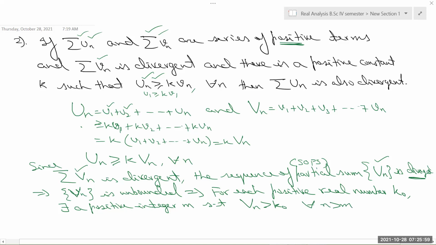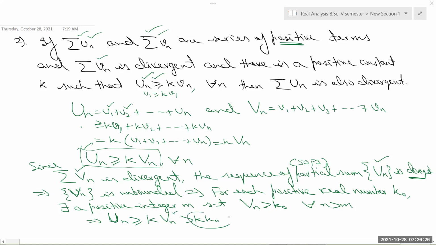And using this relation, which we have proved using this one, one can write here that capital Un is greater than or equal to k times Vn, which is greater than k times k naught, because each of the Vn is greater than k naught.